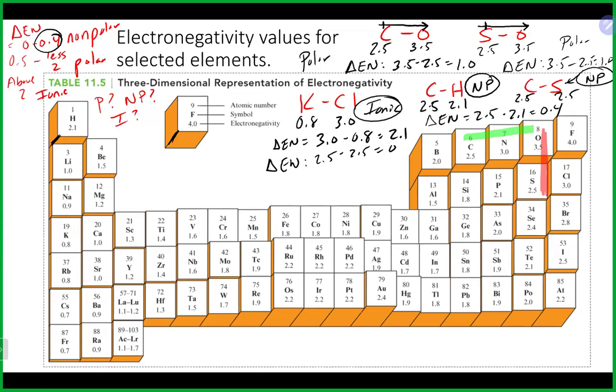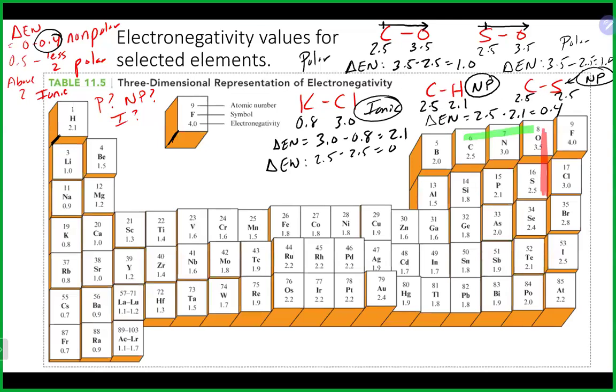Once again, that's going to probably be enough to create a polar bond for you, and you don't actually have to do the calculation. So there are a lot of situations where just by using the general trend in electronegativity, you can make a pretty good estimate or guess as to whether or not you would create a polar bond, especially if you're comparing the same row or same group on the periodic table.